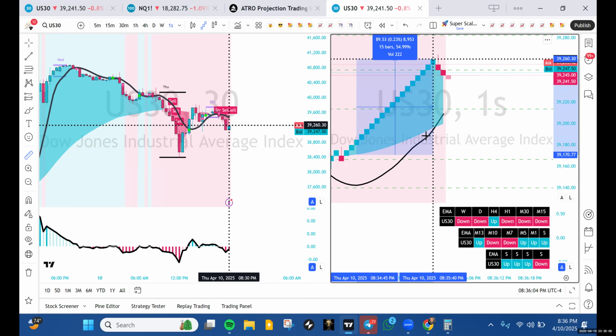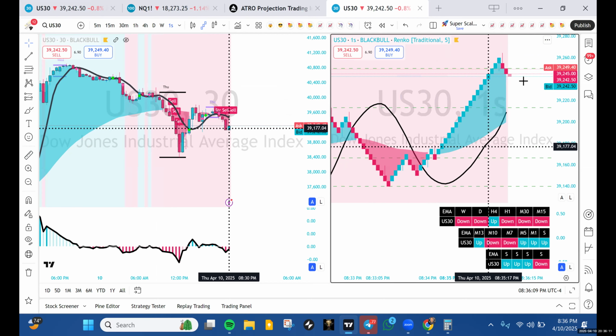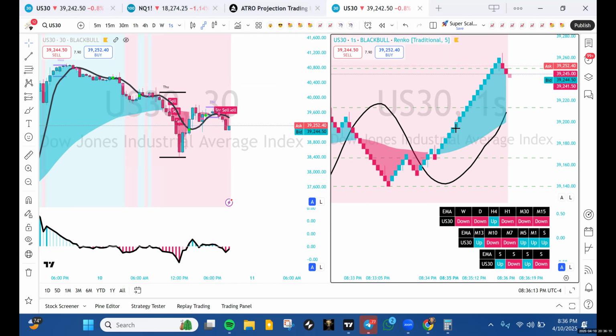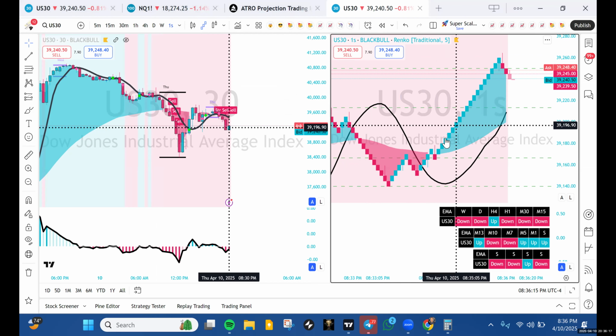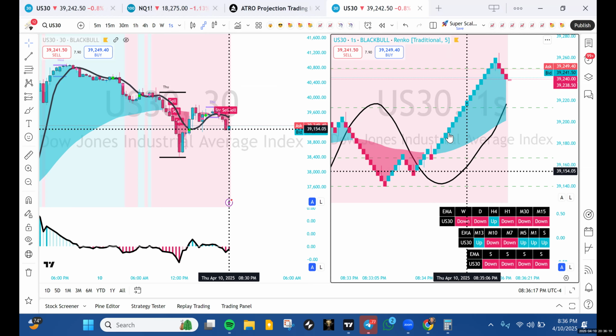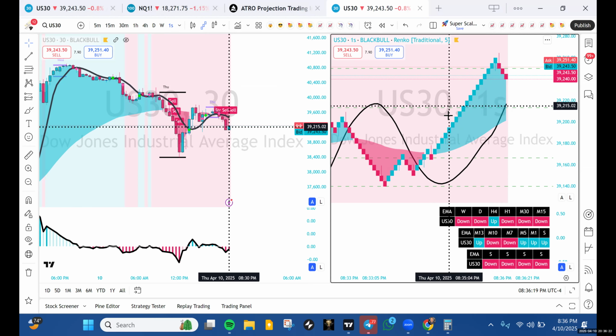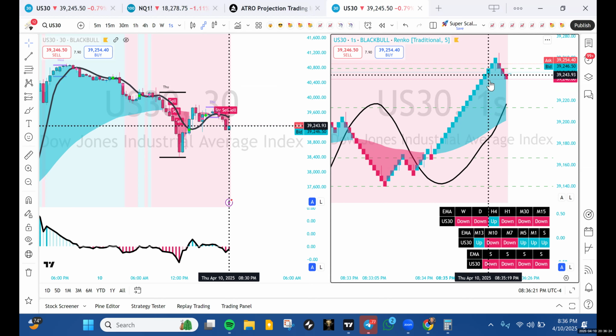So now we have market structure. Now market structure plays with levels or support and resistance perfectly. It always plays with support and resistance. So now you see clearly what your market structure is, and you also have the levels that it's playing with.